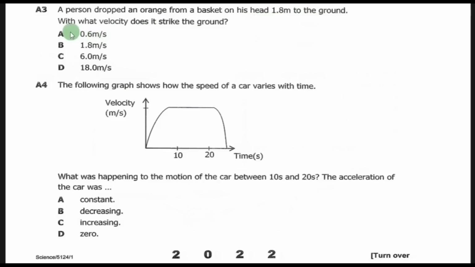Then they're asking us to calculate the velocity with which it strikes the ground. So the formula for calculating velocity is actually this one here. Velocity is equal to square root of 2 times the acceleration due to gravity times height. So this is our formula actually, and maybe I can show you where this formula is coming from.